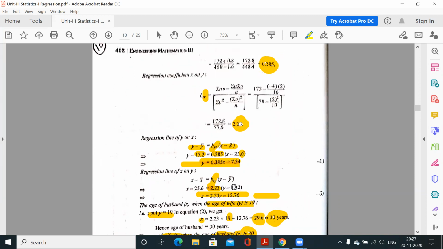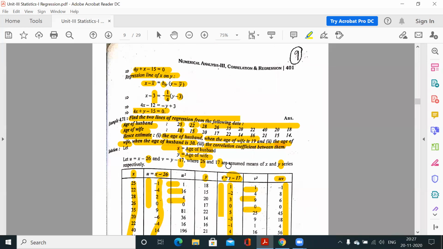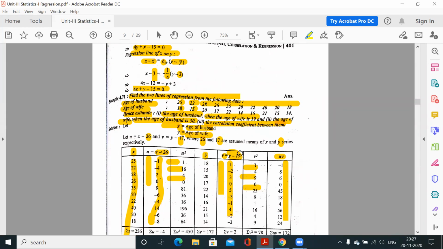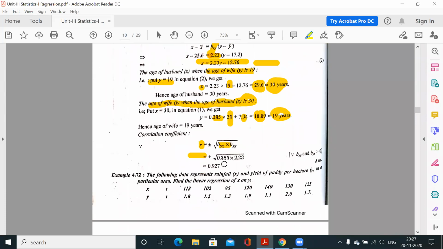Now the next question is the correlation coefficient. We know the correlation coefficient is equal to plus or minus the square root of byx into bxy. Byx is 0.385, bxy is 2.23. Multiplying these values and taking the square root gives 0.927. Now the sign, if you remember, I told you which sign to select.